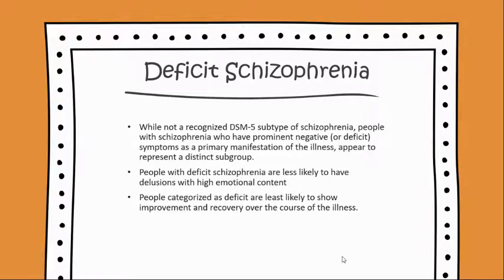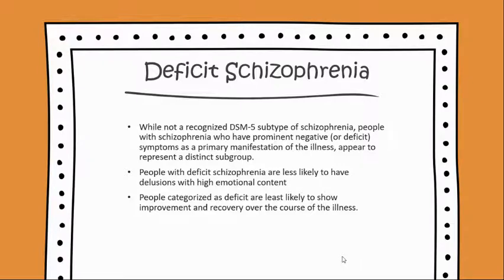Deficit schizophrenia. While not a recognized DSM-5 subtype of schizophrenia, people with schizophrenia who have prominent negative or deficit symptoms as a primary manifestation of the illness appear to represent a distinct subgroup. People with deficit schizophrenia are less likely to have delusions with high emotional content.